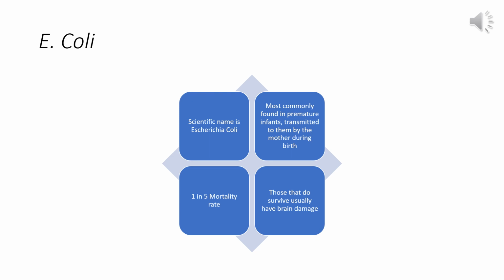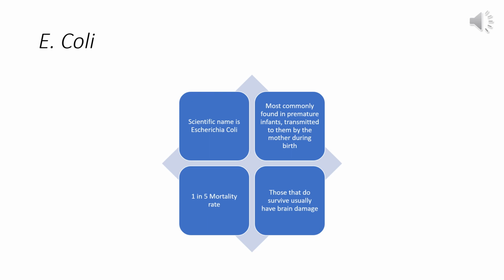I know this slide says E. coli, but on the previous slide I mentioned Streptococcus agalactiae, and I wanted to briefly cover that. It's typically group B streptococci. It colonizes about a quarter of the female genital tracts and is the most frequent cause of neonatal meningitis.